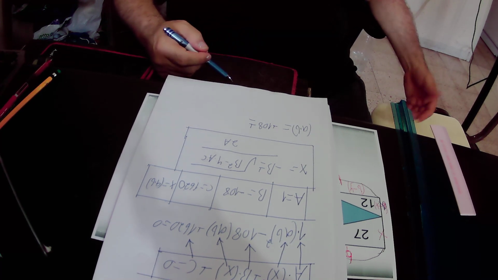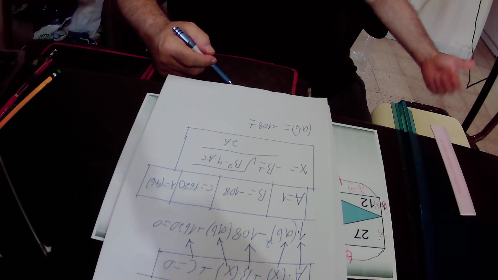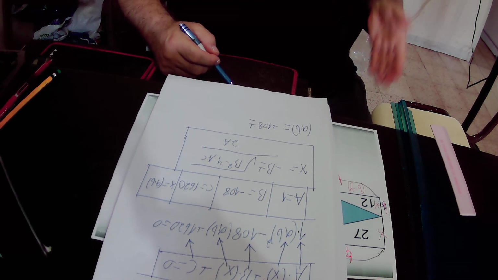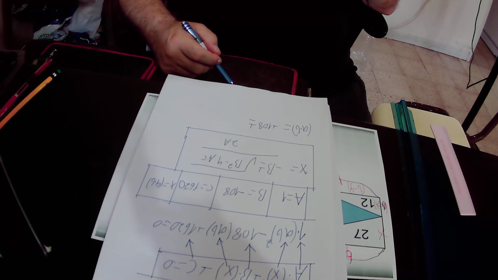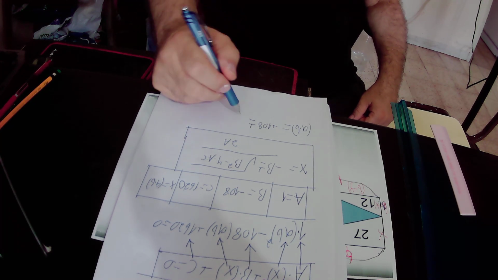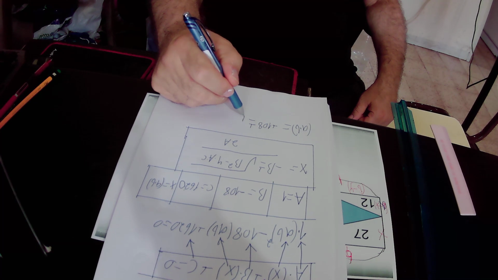So we will have two different solutions for x, or in our specific case x equals a times b, so two different solutions for a times b, that is to say for the area of our rectangle.